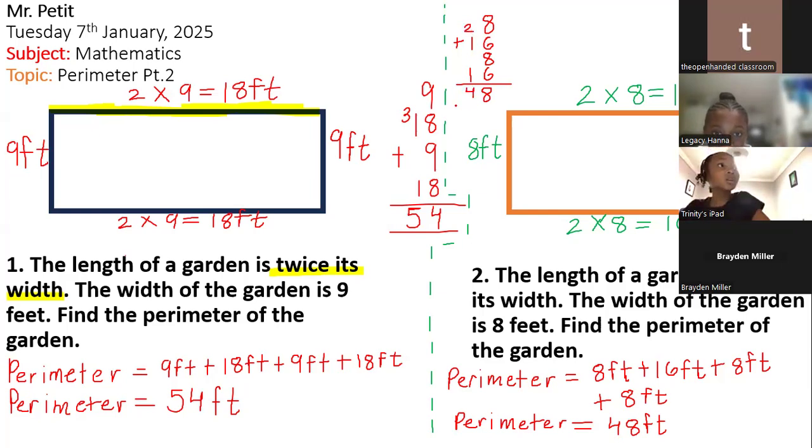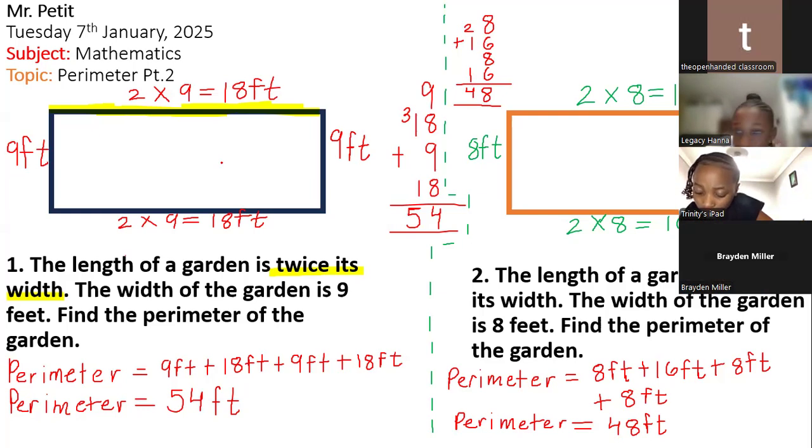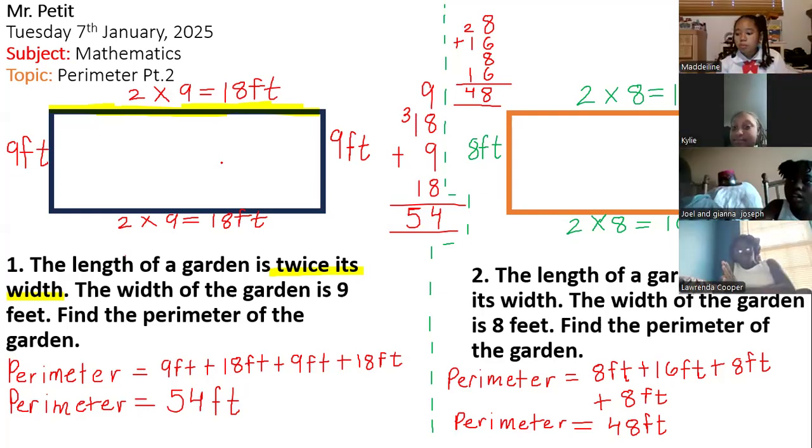The answer is 48. Hooray, I was right. All right, good.